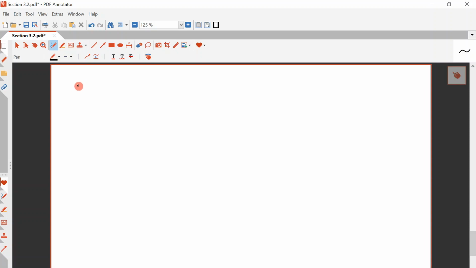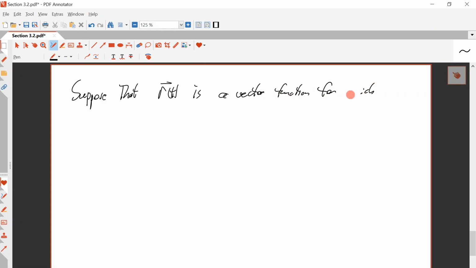So suppose that r of t is a vector function for which the magnitude of r of t is equal to k, some constant, for all values of t.